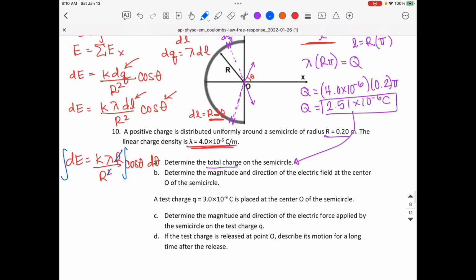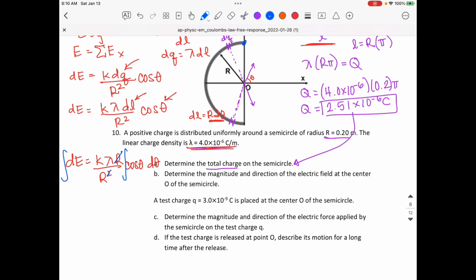I need to think about my limits. I'm starting here at 90 degrees, or pi over 2, and I'm working my way all the way down to 270 degrees, and when I integrate, I get E is equal to lambda k, doesn't matter the order, the integral of cosine theta is sine of theta, and I'm going from 270 to 90.